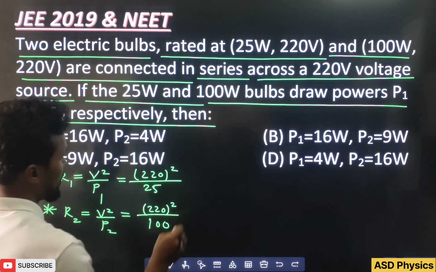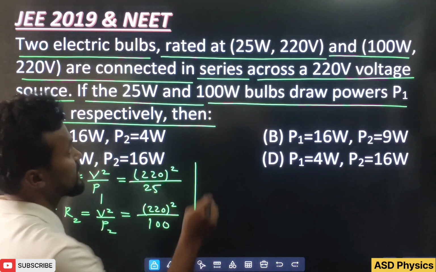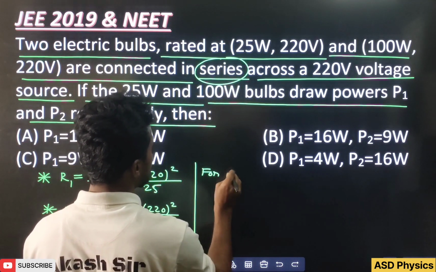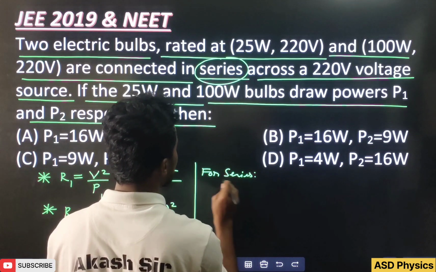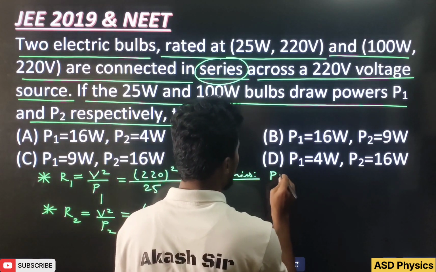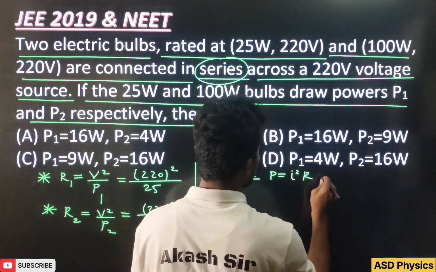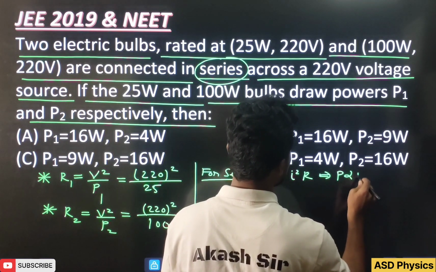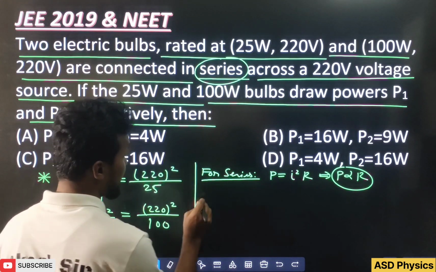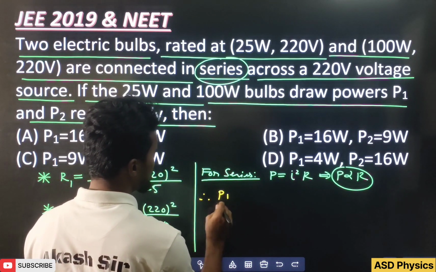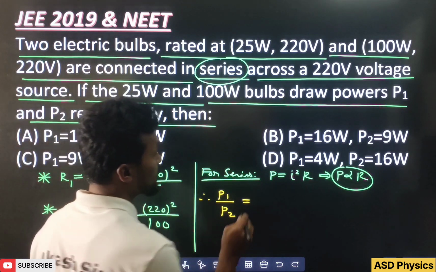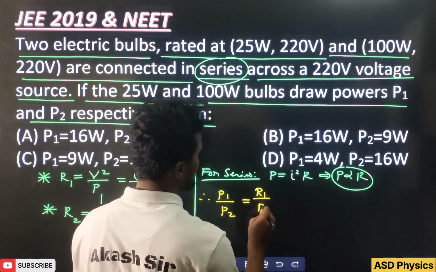Now this is okay. After that, they are connected in series. So remember that for series, what I have told you, P equal to I square R. Power I am telling here. That means P is directly proportional to R. Hence, we can write here, students, this P1 by P2 is R1 by R2 for series connection.